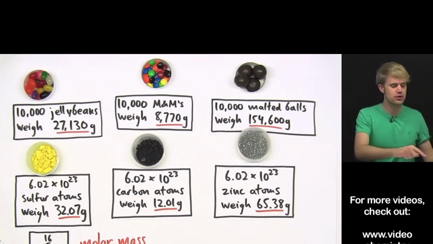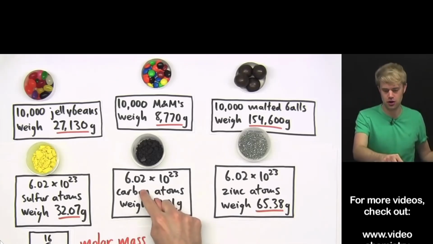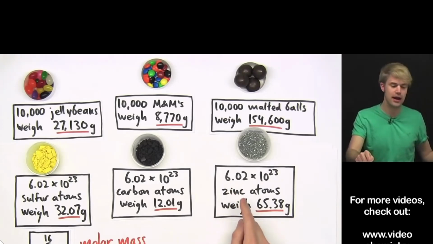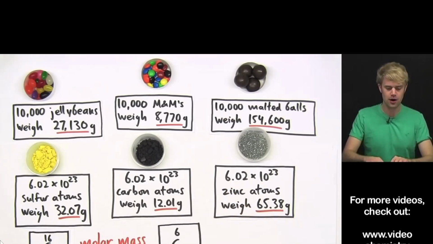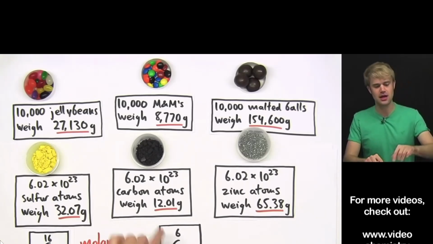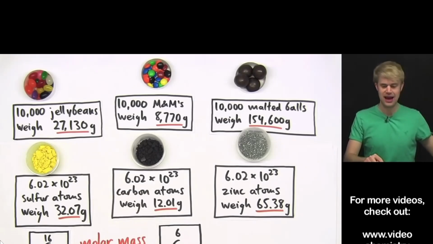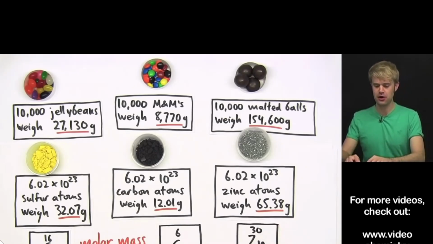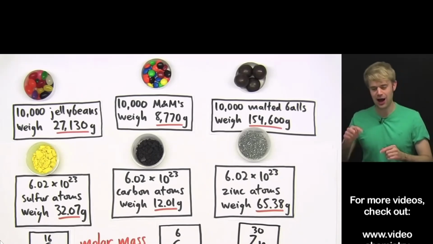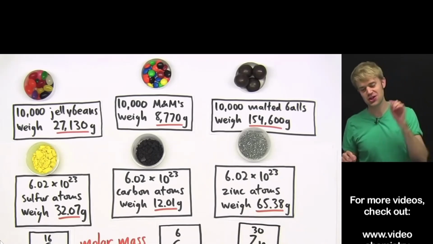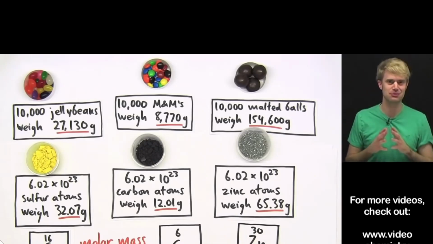And just as I did with sulfur, I know how much the carbon and zinc moles weigh because I can look up the atoms on the periodic table. So here we got carbon, 12.01 is its molar mass. That's how much 1 mole weighs. And zinc, 65.38 tells me how much 1 mole of zinc weighs.